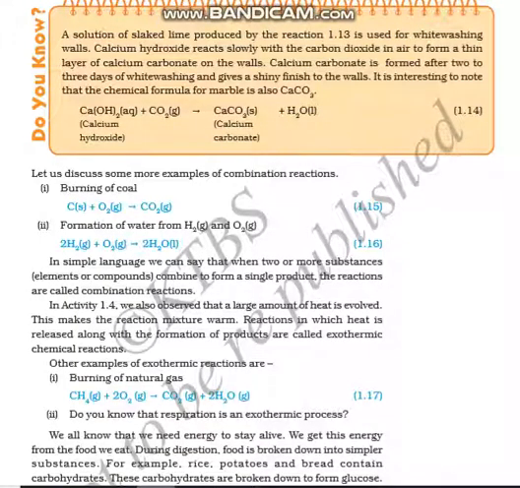Burning of natural gas, carbohydrates. When we burn carbohydrate, which is in gaseous form, in presence of oxygen, it gives rise to carbon dioxide plus water.